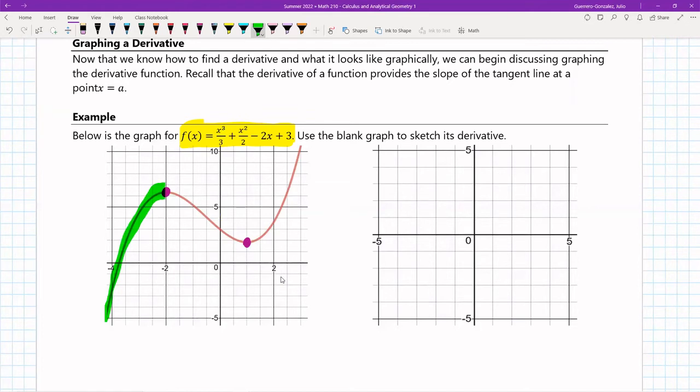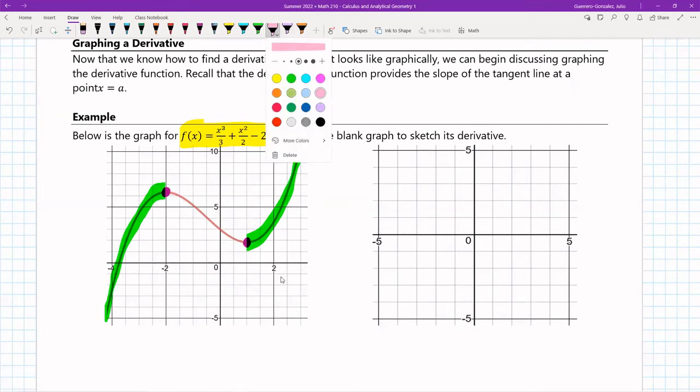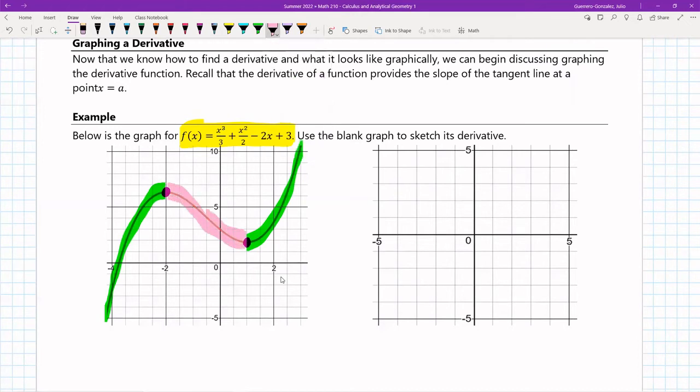And likewise, after this point right here, it is also increasing, okay? And in between the two points, we have, whoa, let's thicken that up a little bit. There we go. Between the two points right here, our graph is dropping, so it's decreasing, okay?